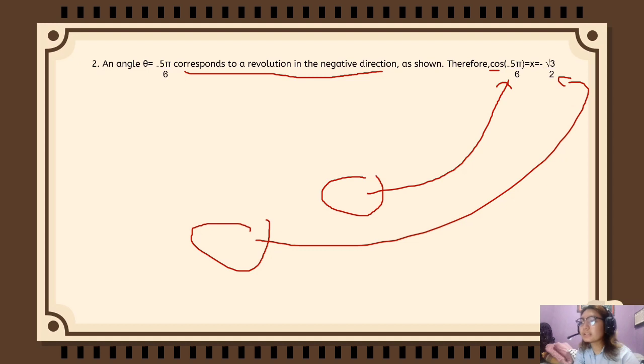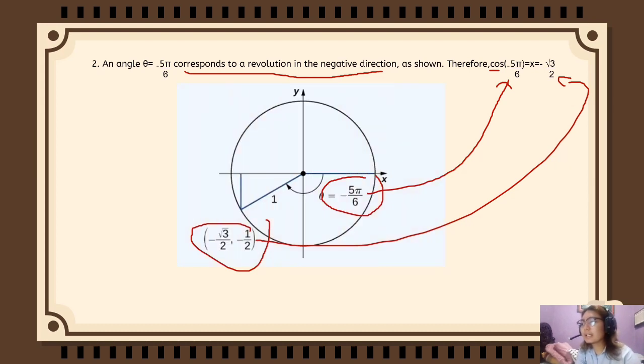Therefore, cosine negative 5 pi all over 6 is equal to x, which is equal to negative square root of 3 all over 2. So this will be its graph. This is the delta, this is the cosine. Okay. That's its graph.